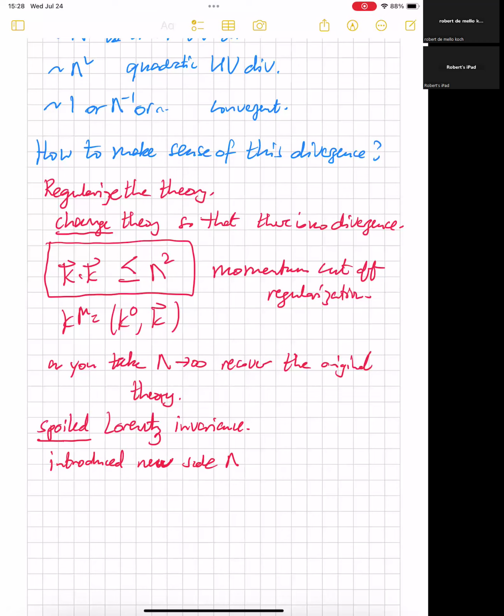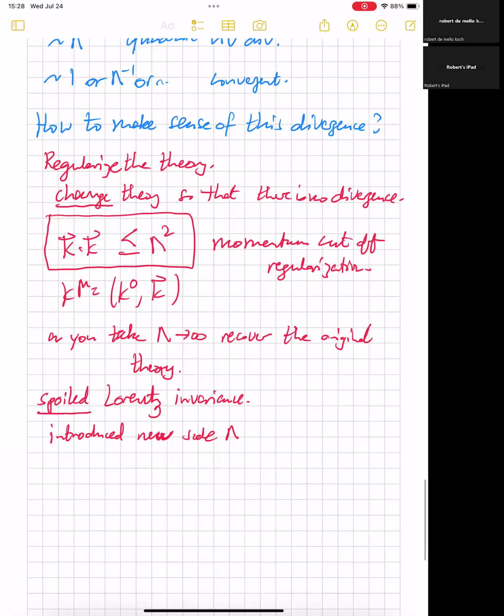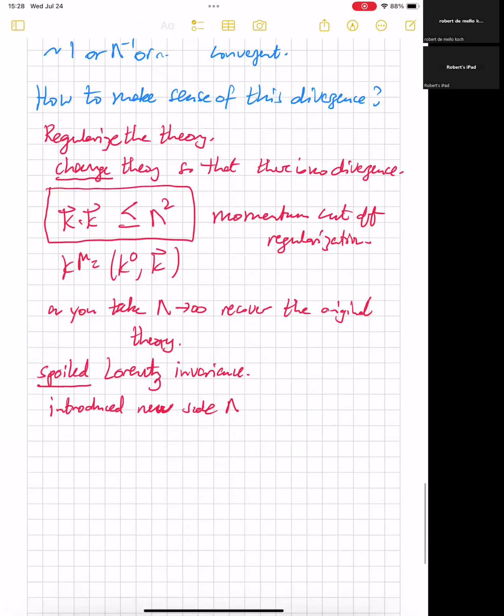Okay, but this is not the only way to regularize the theory. In fact, there are many ways to regularize theories, and many different ways were considered. So we need some sort of a way to think about these different ways of regularizing the theory, so that we've got a way to think about regularization in general.